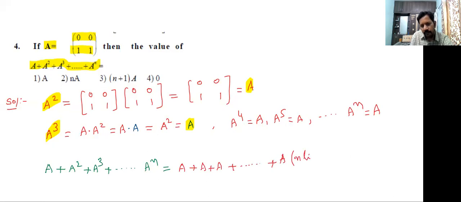N times A is repeated. Sum of n A's is nA. A plus A means 2A, 3 times repeated 3A, 4 times repeated 4A. If n times repeated, we get the answer nA. Which option is correct? Second option is correct.